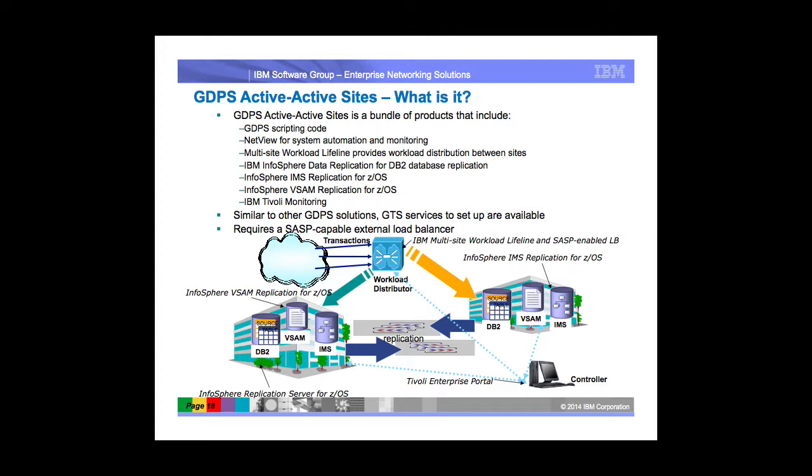Because we are the component within GDPS that's enabling that active-active site capability, you're not choosing one path and then having to do some rework to go down the other path later. It's an onion strategy where the work you do now will be compatible with adding the complexity of GDPS later. So we think that an incremental strategy where you can provide value much more quickly to the business makes a lot of sense as you're growing into a GDPS solution.